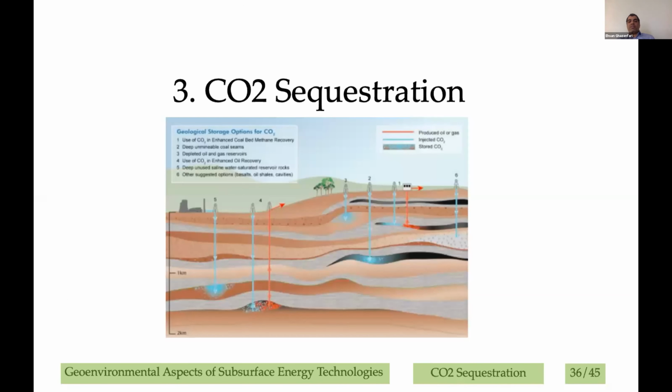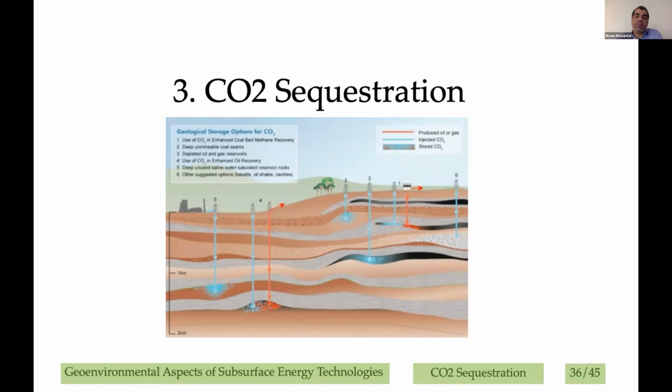Let me move on to the third part of the talk, which is related to CO2 sequestration or deep geological storage of CO2. So this is one of the technologies that can alleviate some of the CO2 emissions.